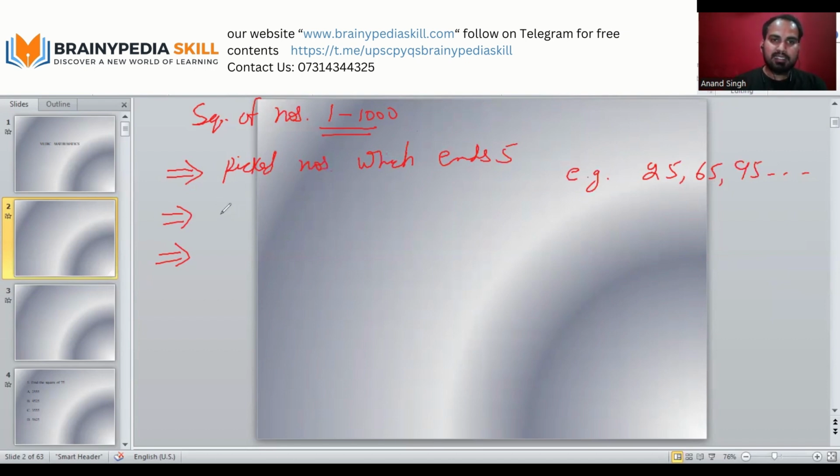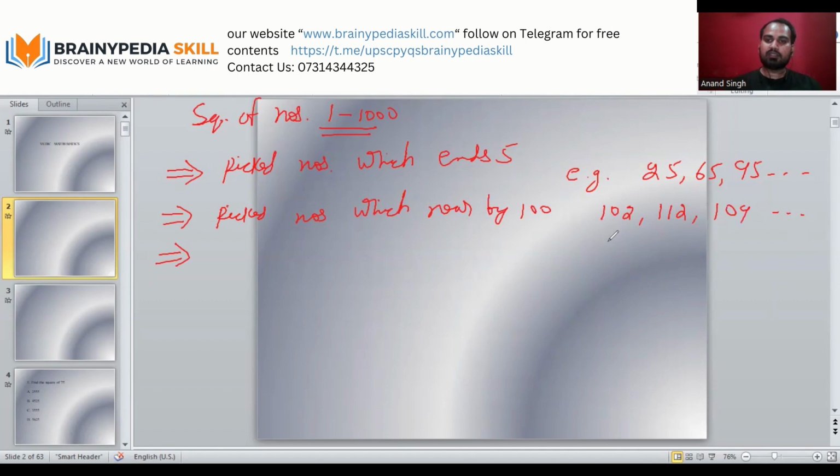Similarly, in the second segment of squaring of numbers, I have picked numbers which are nearby 100, right? For example, 102, 112, 109, and so on, as well as numbers which are less than 100.